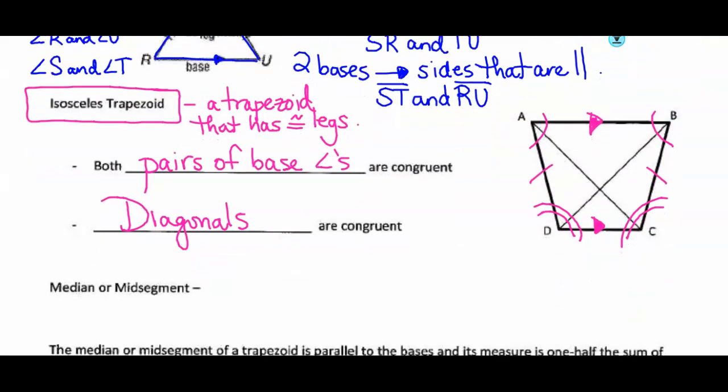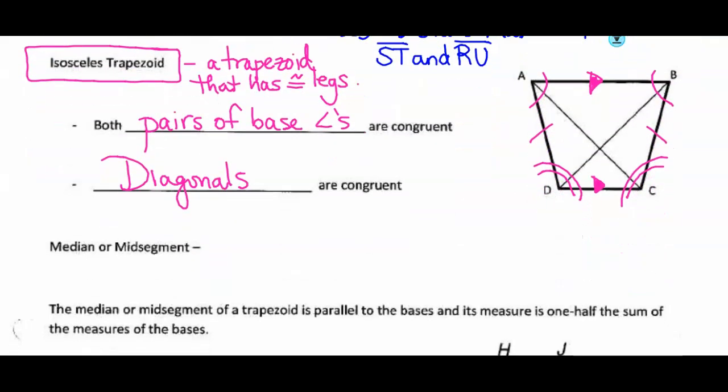When you have a trapezoid, you can have a median or a mid-segment, and this is a segment that joins the midpoints of the legs.